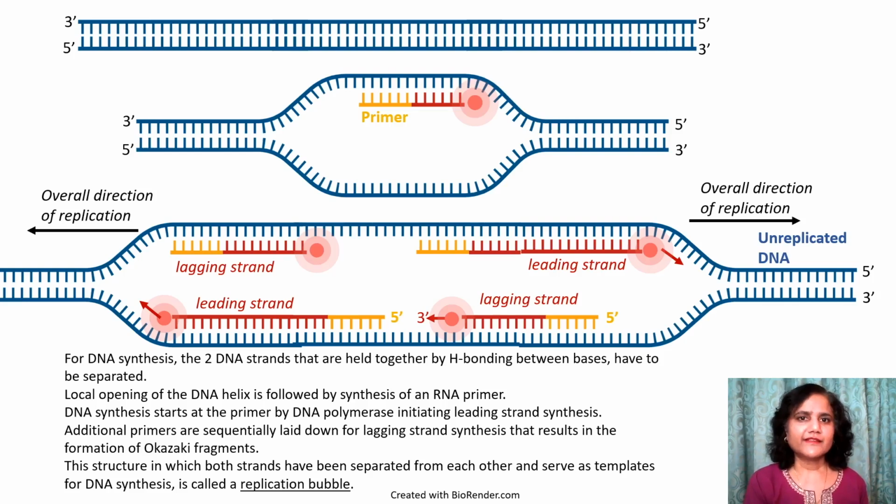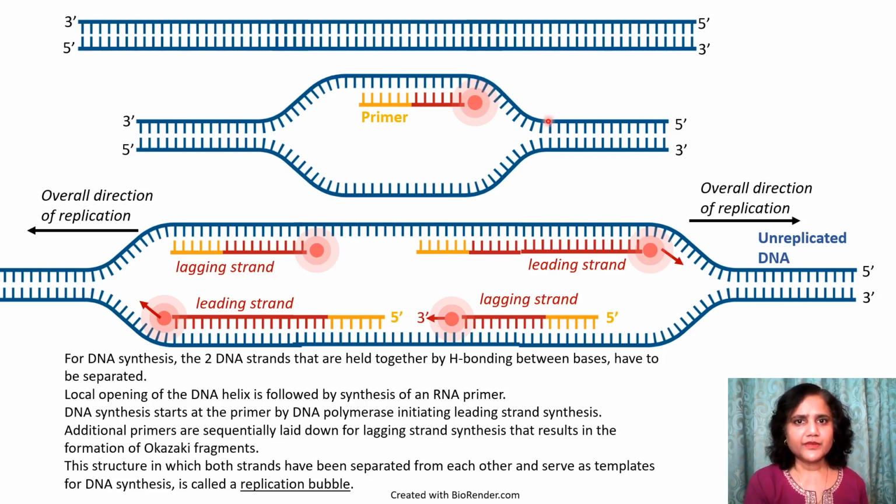For DNA synthesis to occur, the two DNA strands that are held together by hydrogen bonding between the bases need to be separated. So local opening of the DNA helix happens, and this is first followed by synthesis of the RNA primer. DNA synthesis starts at this primer by the DNA polymerase, initiating the leading strand DNA synthesis.